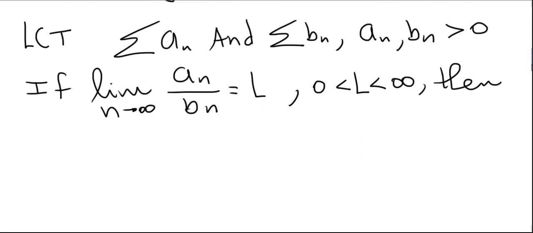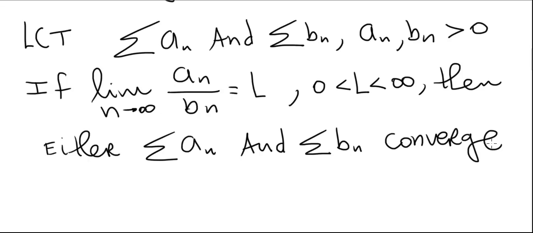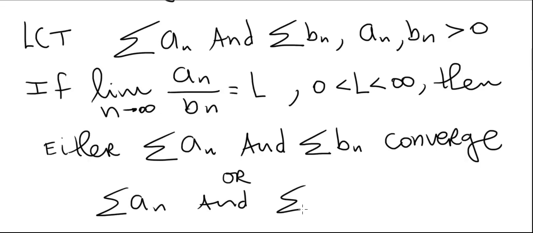The two series either both converge, or both diverge. What we can't have is one of them converges and the other diverges.